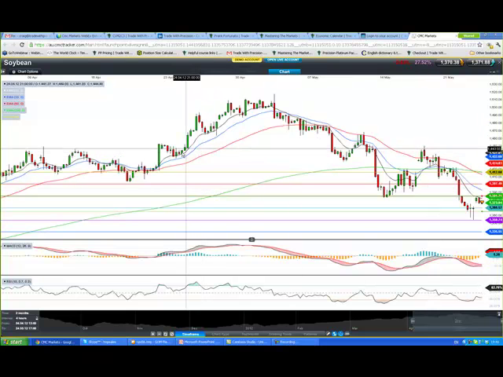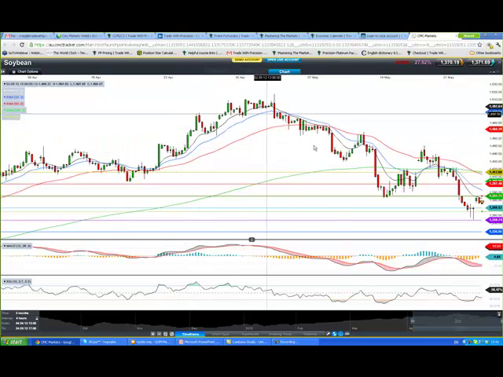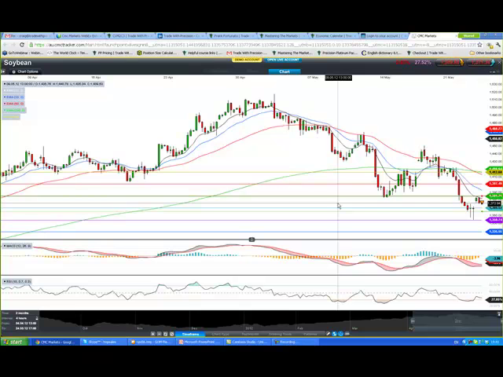Now look what happens when you get a nice small candle around these areas. We see a good move. So there's a number of things that I'm looking for to build a picture about this trade. I use the moving averages as a zone, as a guide. I guess it's kind of like a heads up that price is back to a point of equilibrium.